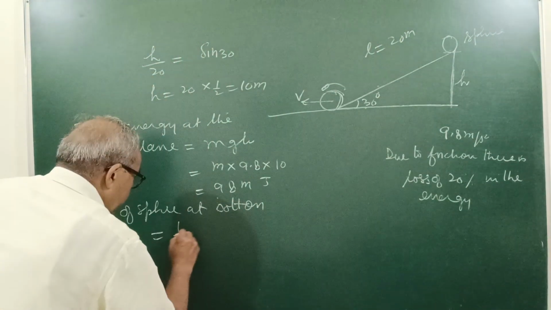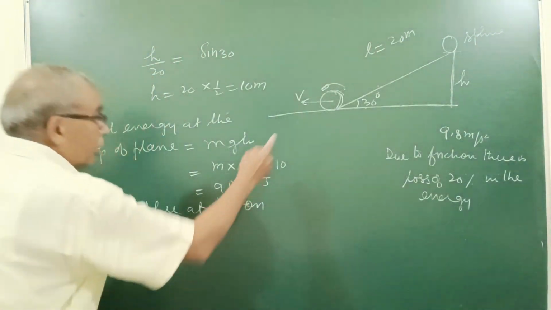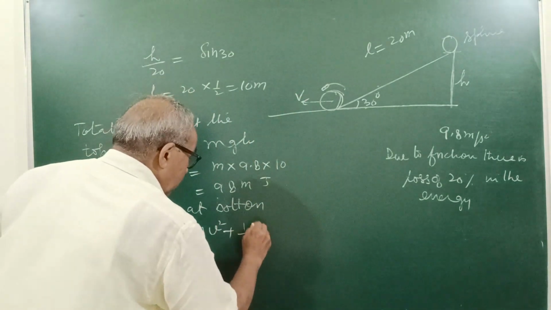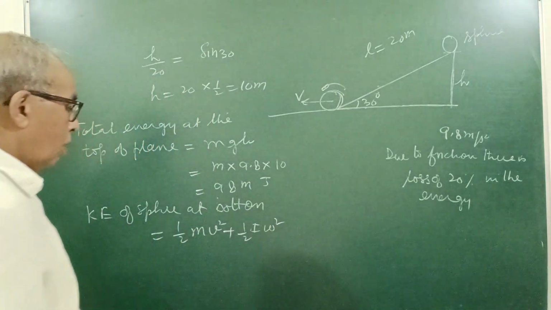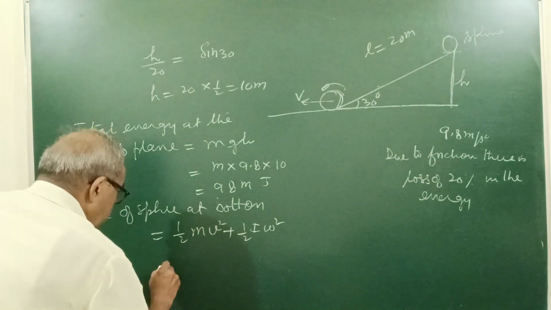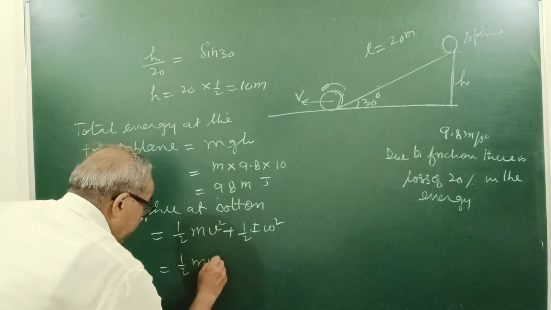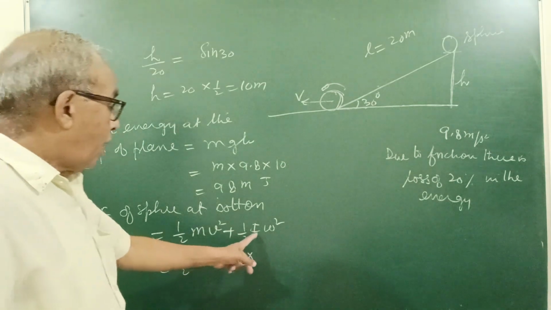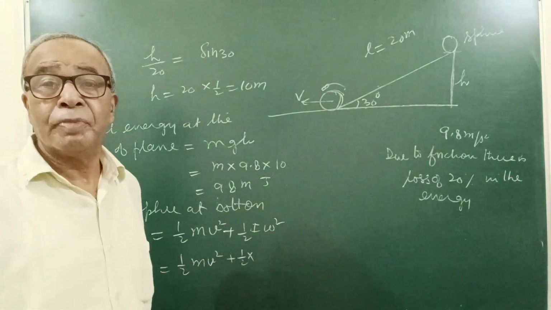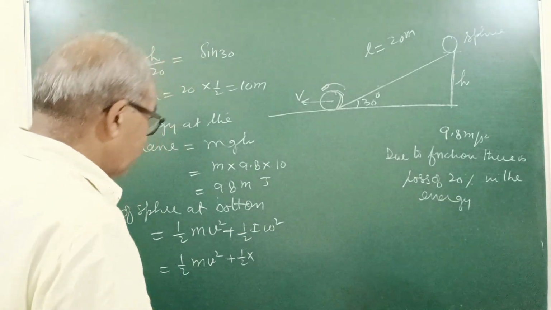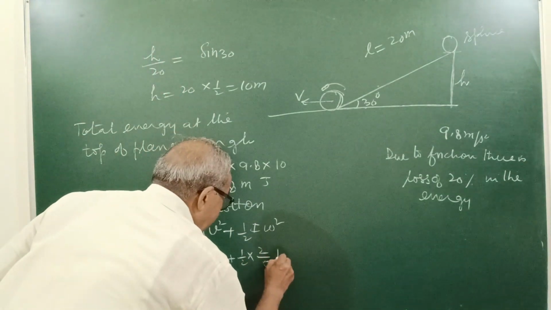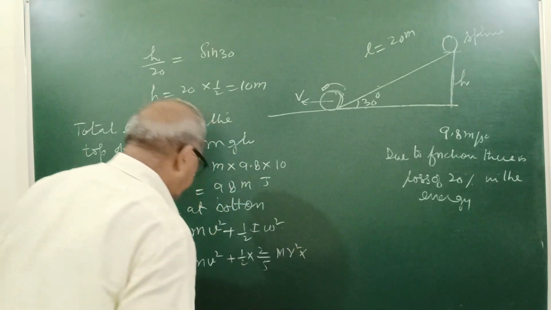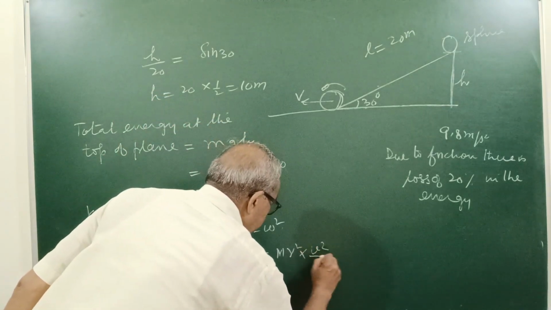So that is half mv square, the value of the central mass, plus rotational kinetic energy half I omega square. Do you remember the moment of inertia of a sphere about its diameter? I hope you remember. It is 2/5 mr square, and omega equals v by r.